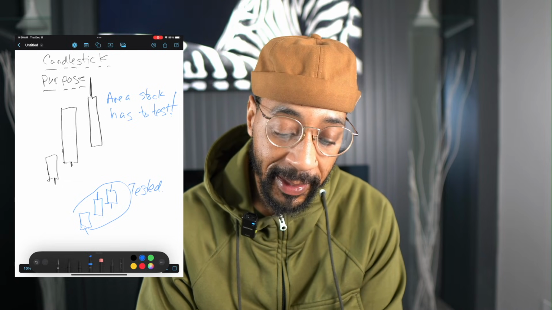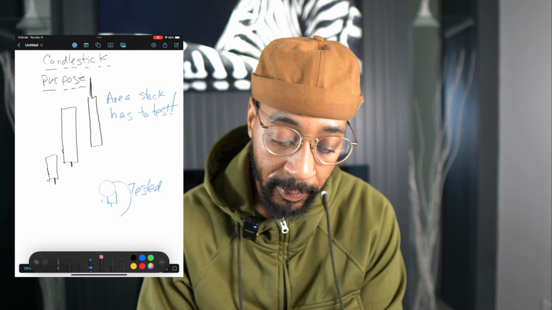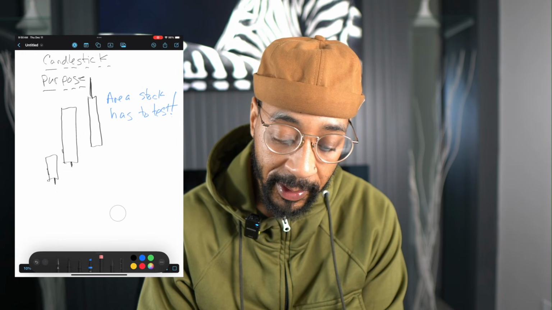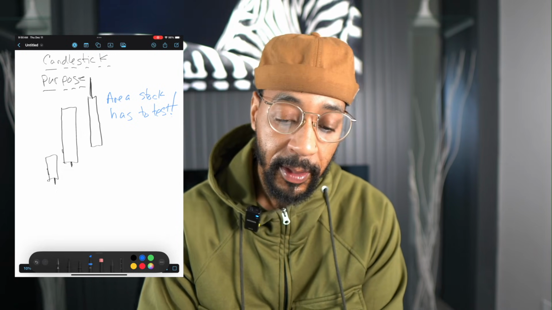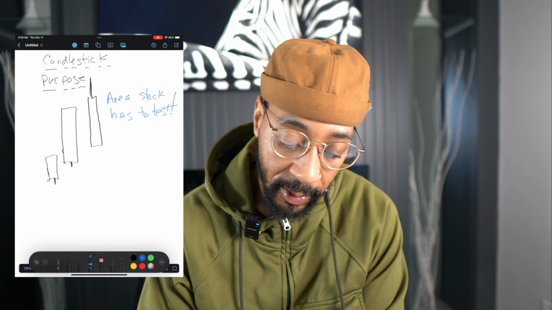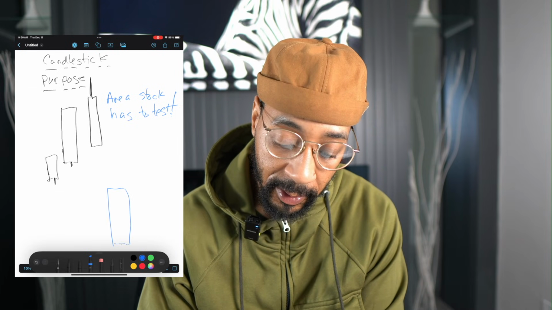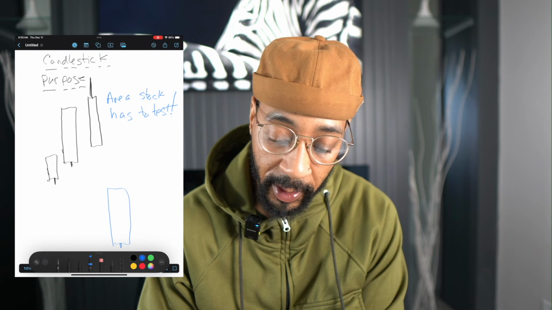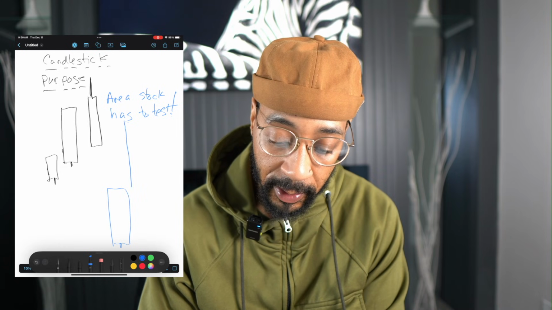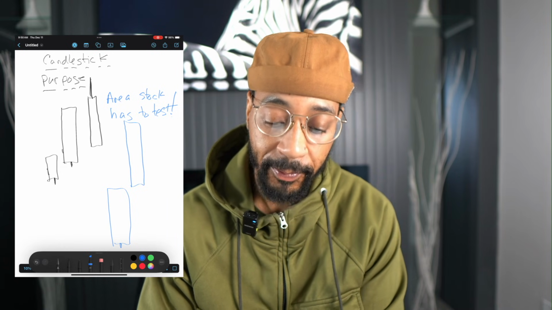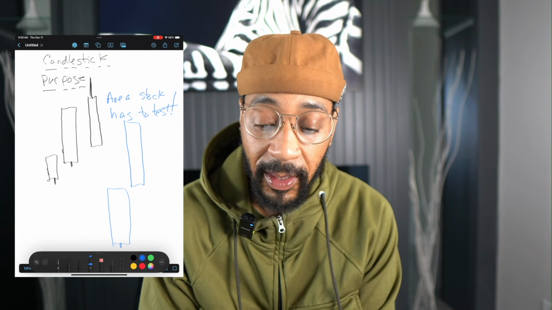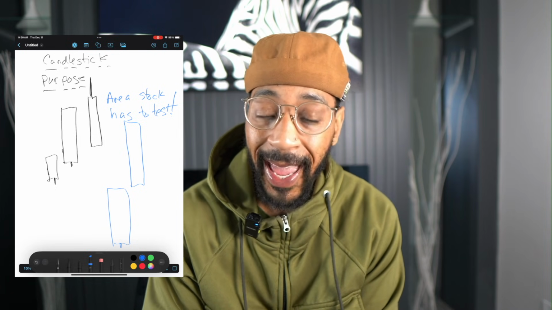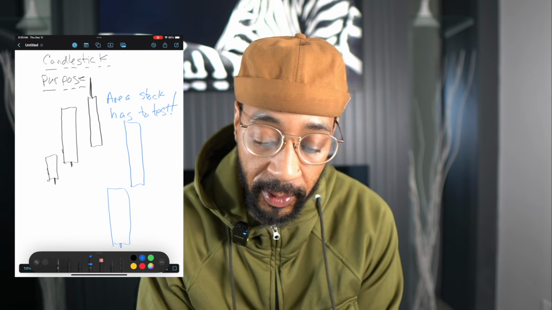So it's less likely that we're going to get a pullback into this area, right? But let's say that we have a candlestick like this, and then we have another candlestick like this, right? Now, what this means is there's way more of an area that has not been tested. So what does that mean?